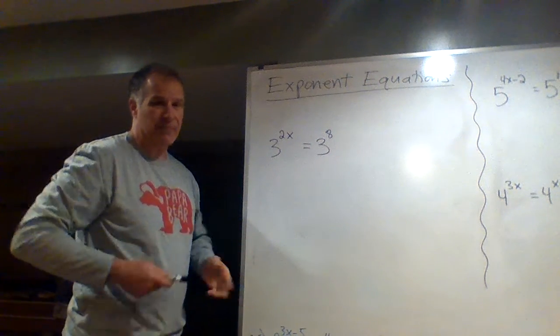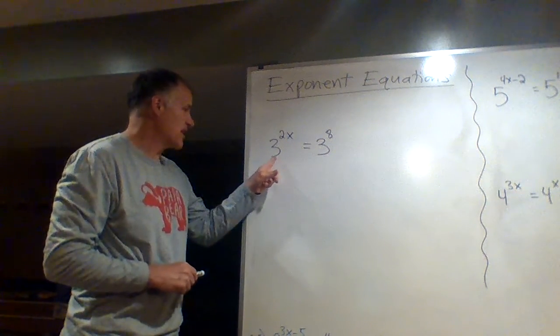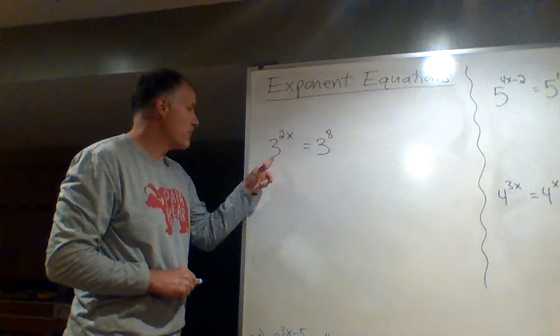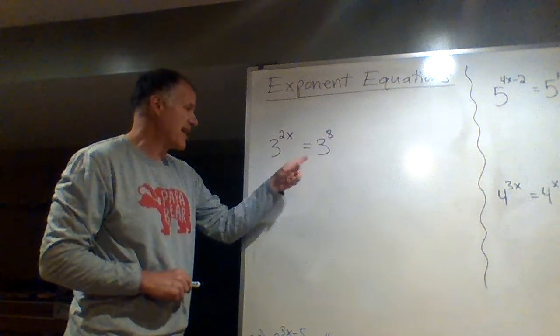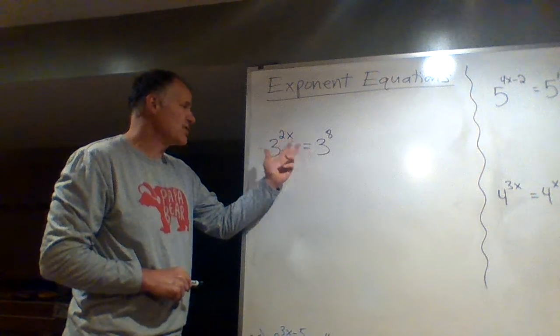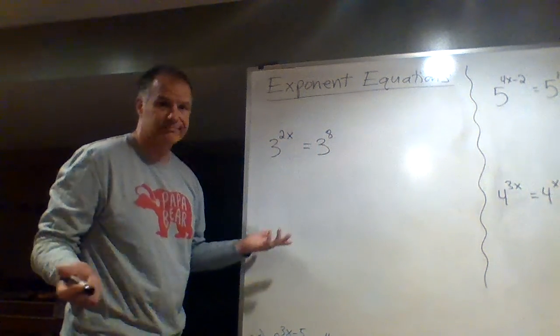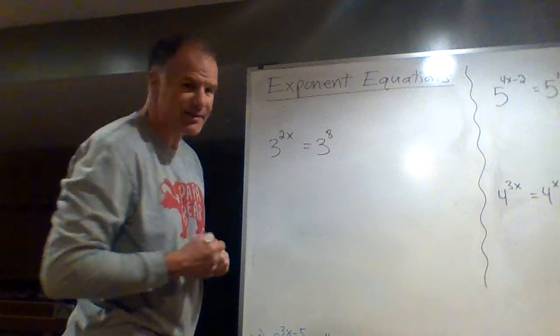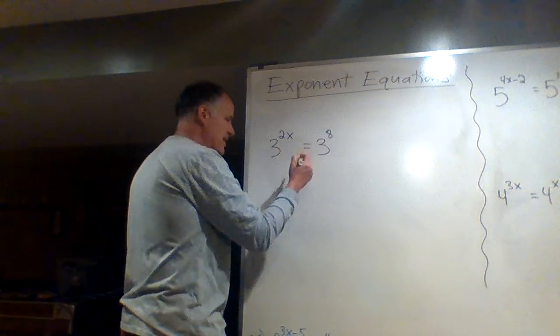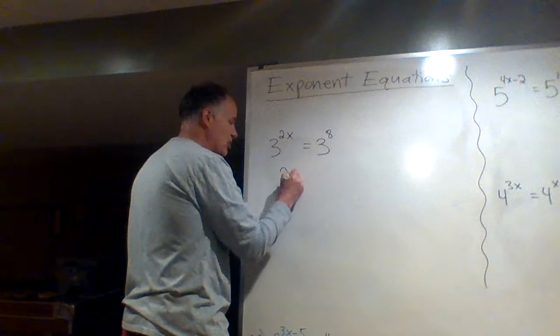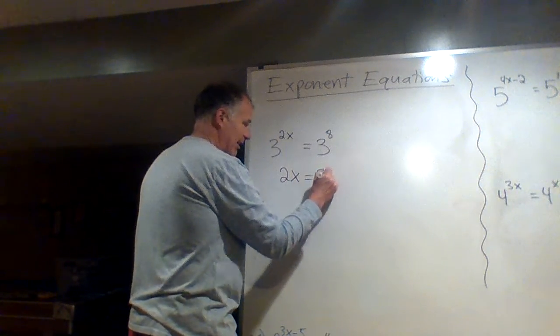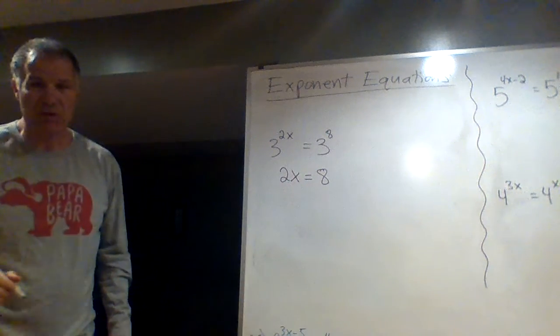Now, what's nice about math is because both of these bases are the same, because that's a 3 and that's a 3, then the equal sign does represent the two exponents. It's really a pretty easy concept because since that's a 3 and that's a 3, I can say that the 2x has to be equal to 8.